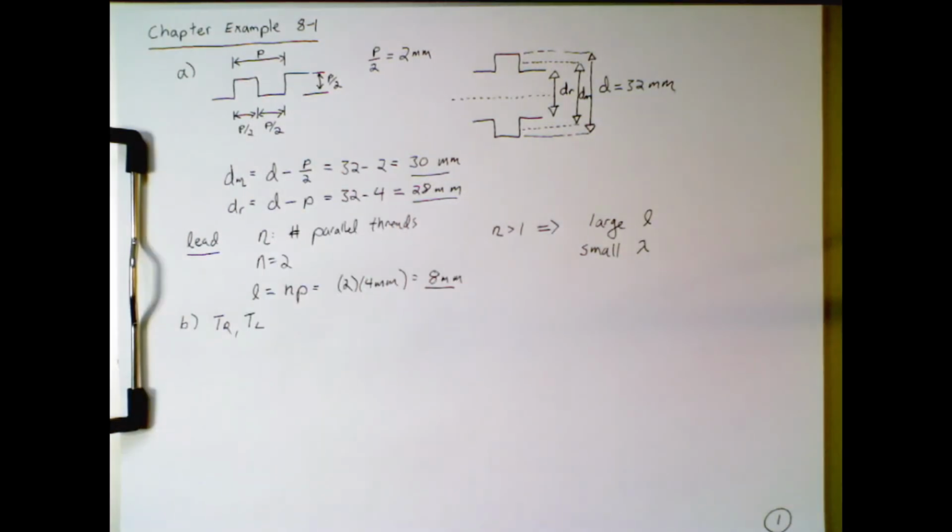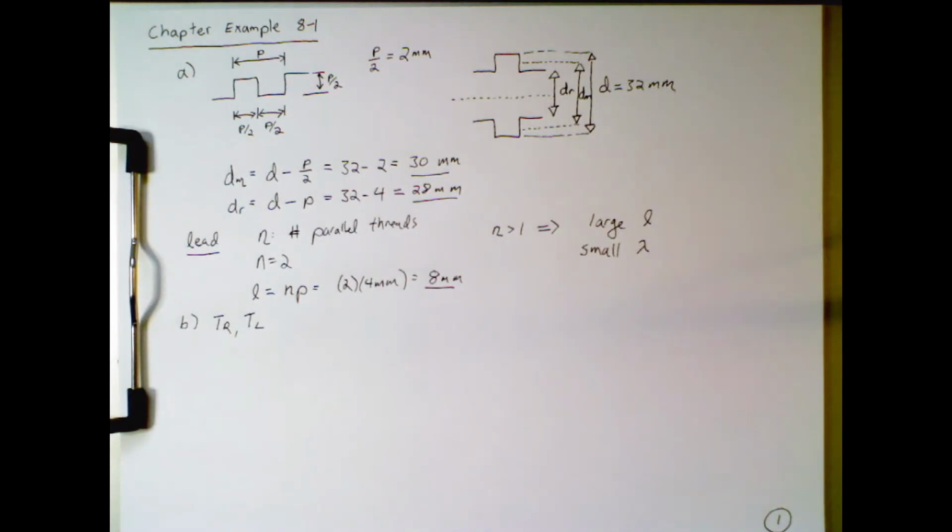Okay, in part B, we're asked to find 2 things: the torque required to raise the load and the torque required to lower the load. And this is a little bit different than we saw before, because we're accounting not just for the friction at the threads and the torque required to actually raise the load, but we're also going to include the torque required to overcome friction at the collar.